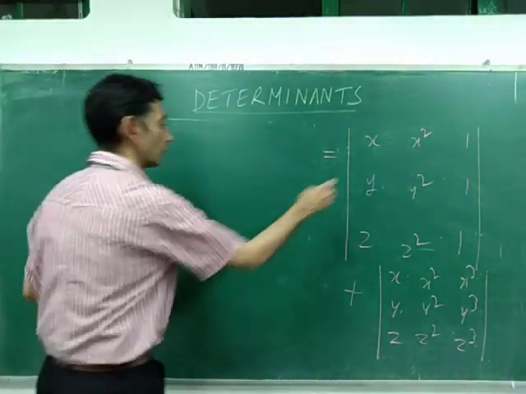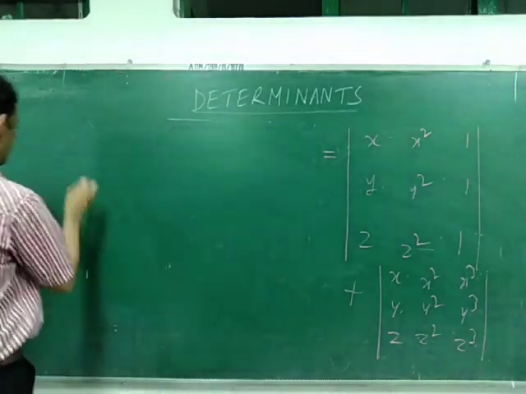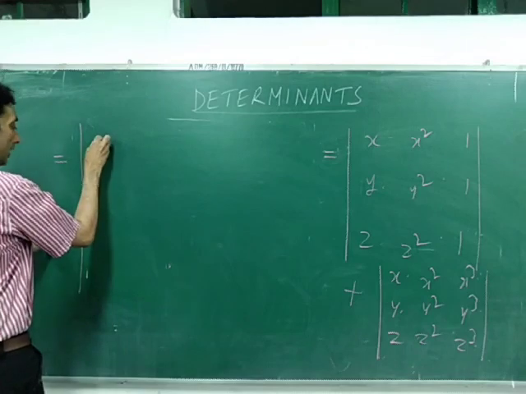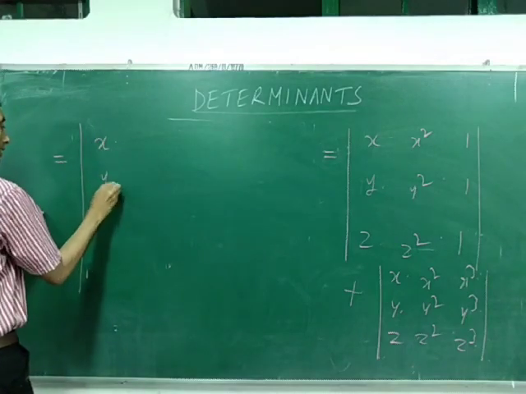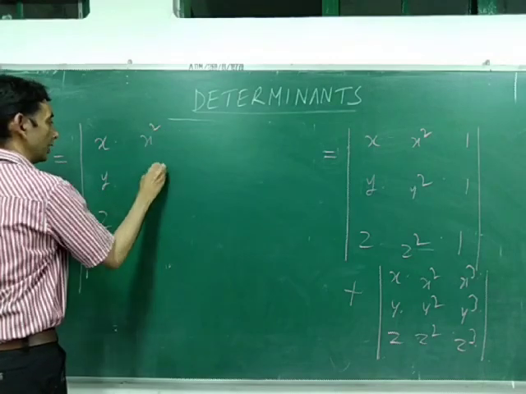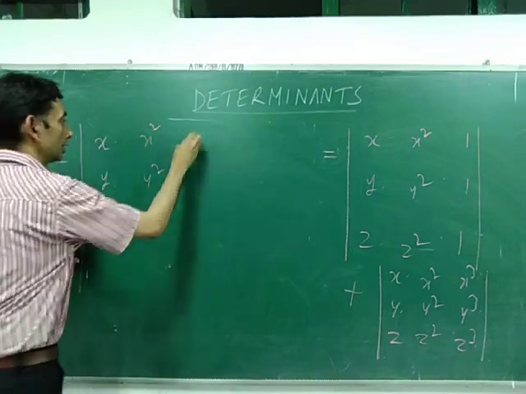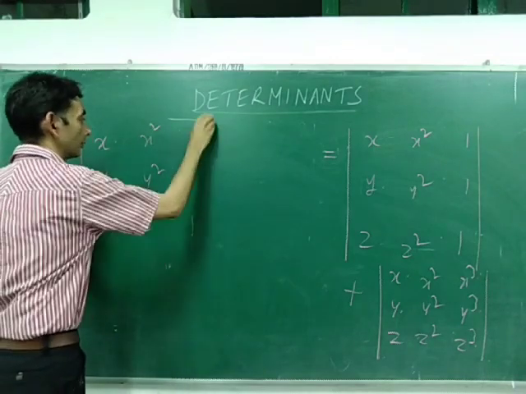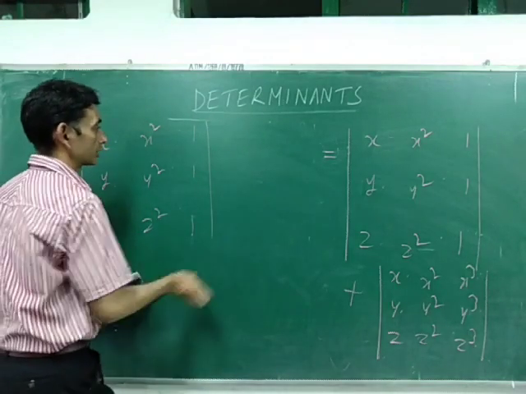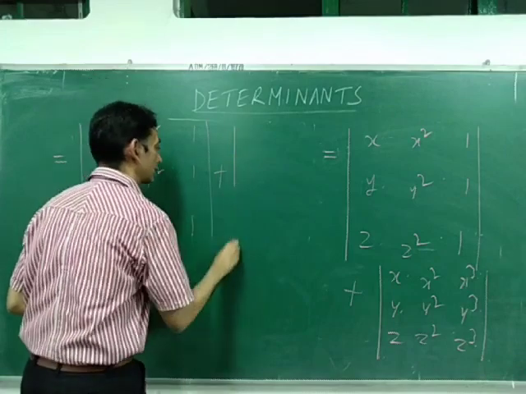First determinant we'll write as it is. x, y, z, then x squared, y squared, z squared, then 1, 1, 1. This is determinant 1. Now plus the second determinant.